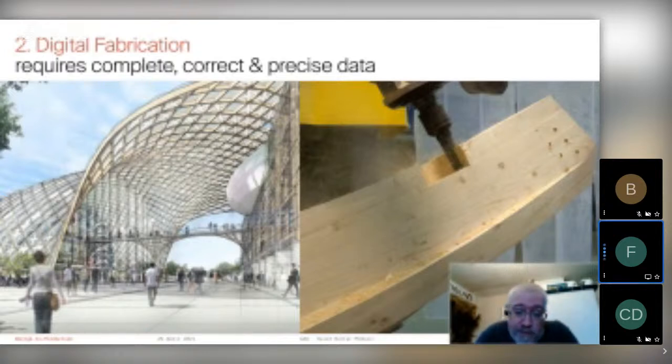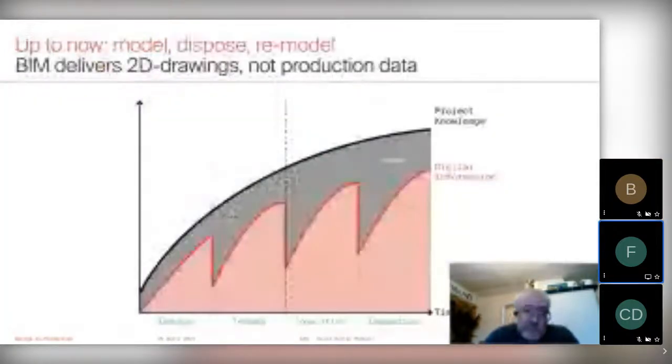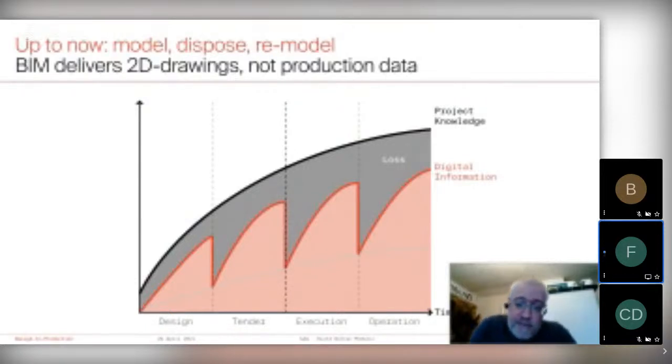But how do you get from this 6B sketch on the left-hand side to the 6H production data on the right-hand side in one go? The answer is you don't. The state of the art pretty much is you model whatever you have, then you throw it over the fence to the fabricator in the 10th stage, and then the fabricator looks at your BIM model and can't really decide which parts are precise, which parts are complete, which parts are correct.